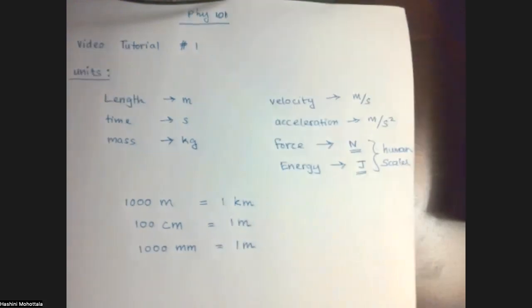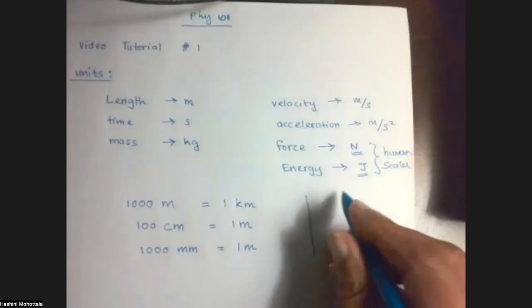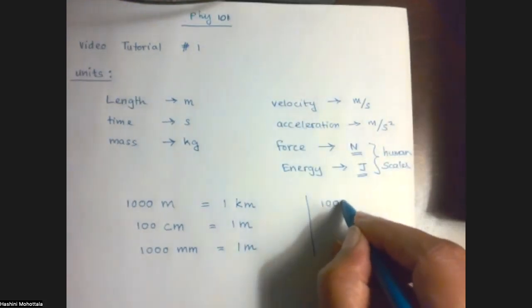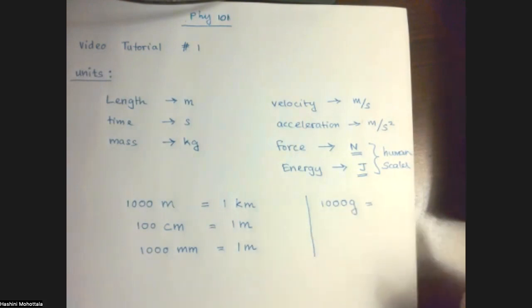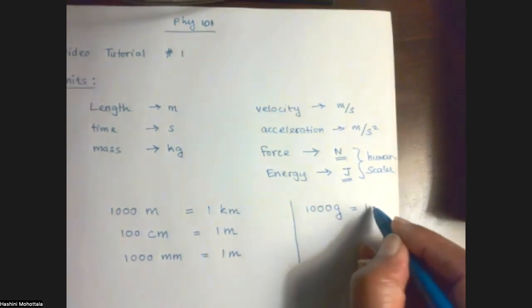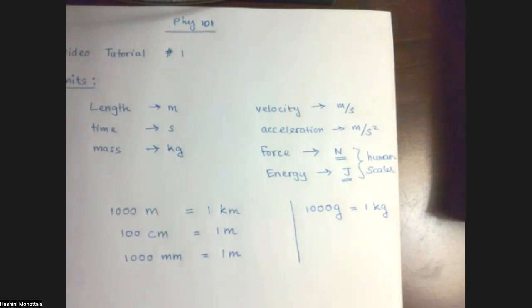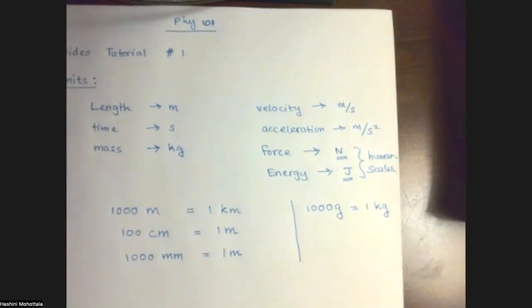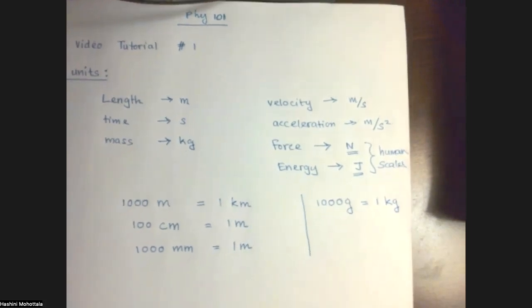Likewise, 1000 grams, now gram is not the SI unit, is 1 kilogram. And then we have milligram, micro, and other units, but let's not worry about those for now.